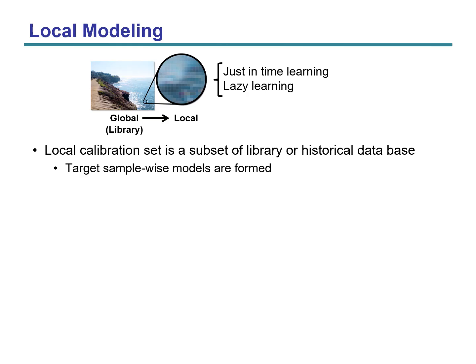And so I have my target sample. If this is the sample I want to predict, then the idea is I want to mine through this library and find those samples, these pixels that are kind of matrix matched to my target sample, and build my regression model and then predict.